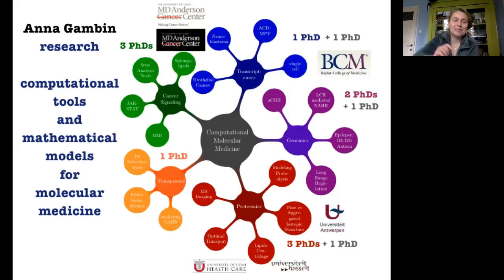Well, I will start with a few words about my research in general. I can summarize it as computational tools and mathematical models for molecular medicine. This colorful mind map illustrates different projects I'm involved in during last years.